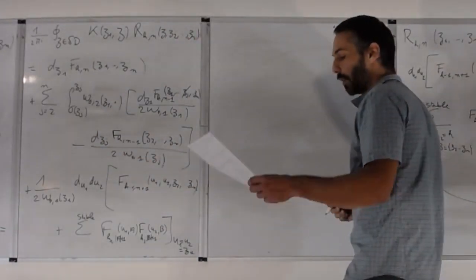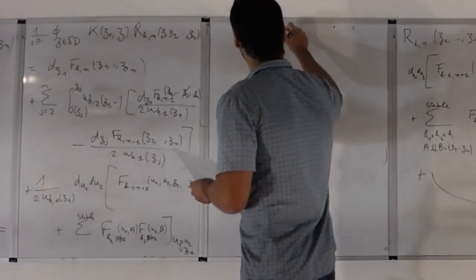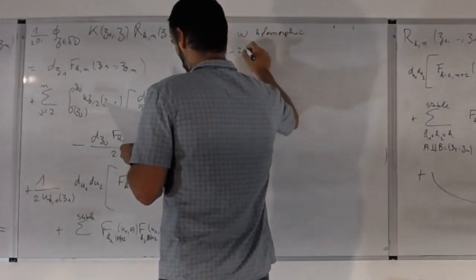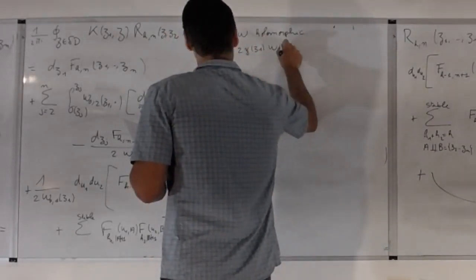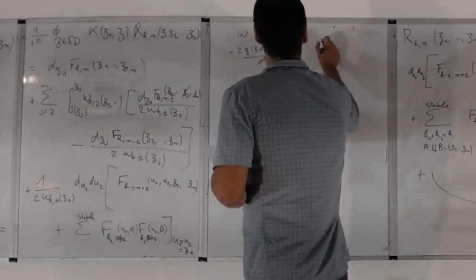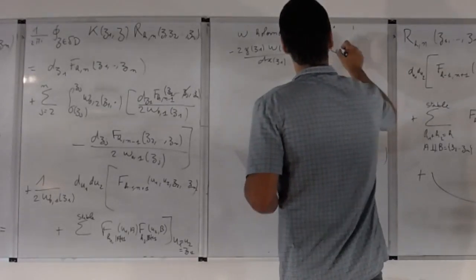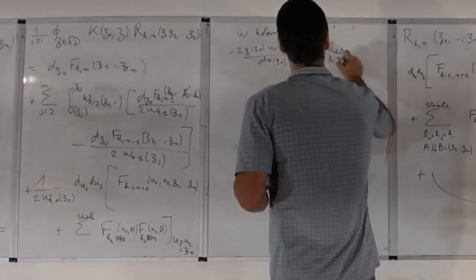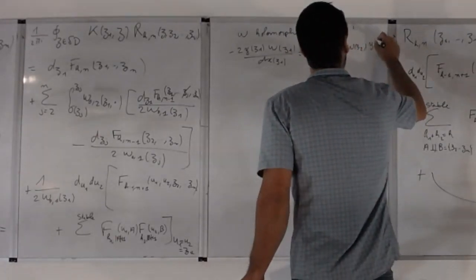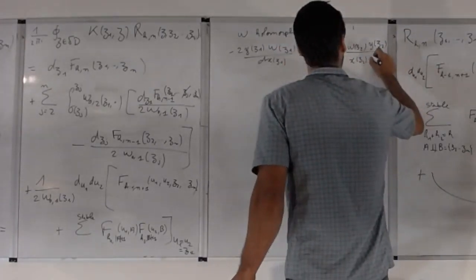And there is a nice formula, which is that if omega is a holomorphic one form on a hyperelliptic curve, you have that 2 times y of Z1, omega of Z1, divided by dx of Z1, is equal to the sum over the poles, which are the alphas and the infinity, of the residue when Z2 goes to P, omega of Z2, y of Z2 divided by x of Z2 minus x of Z1.